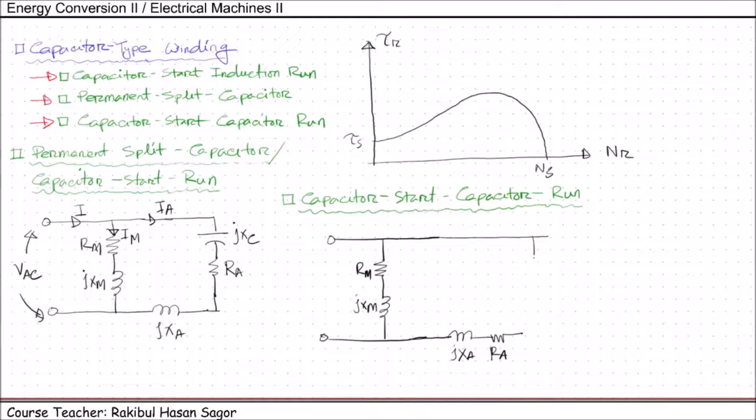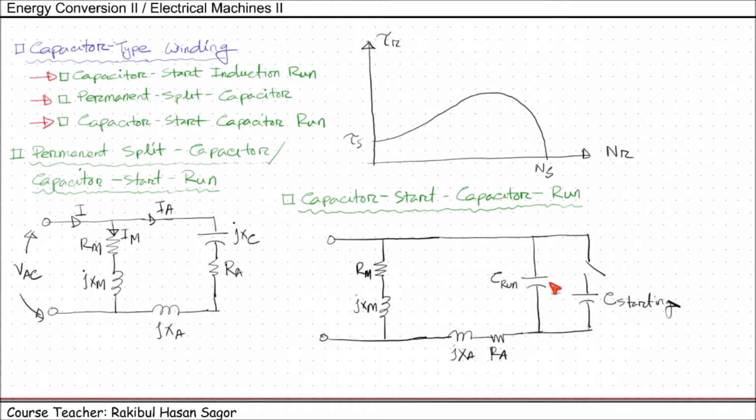Then here we'll connect two capacitors. One is called C-run. That means this capacitor will be operated under running condition, and another capacitor is connected through a centrifugal switch, that is for starting purpose only. That's why it's called C-starting.